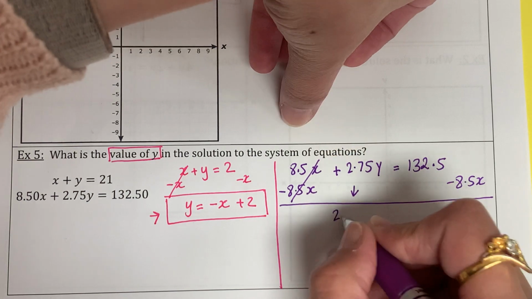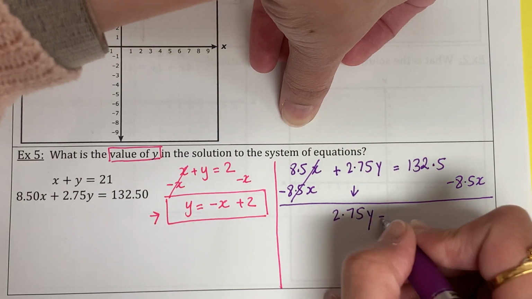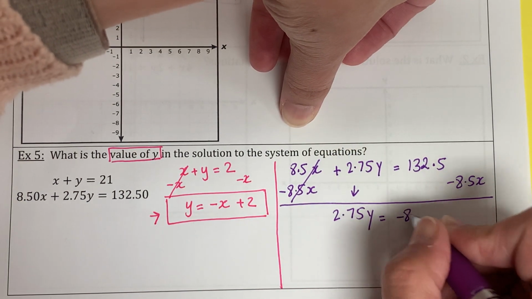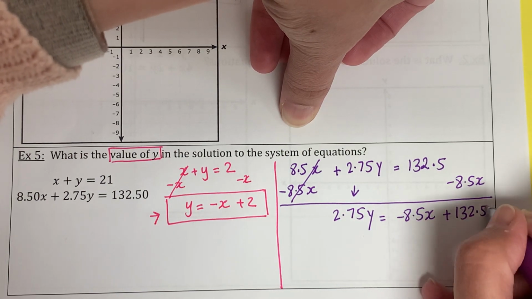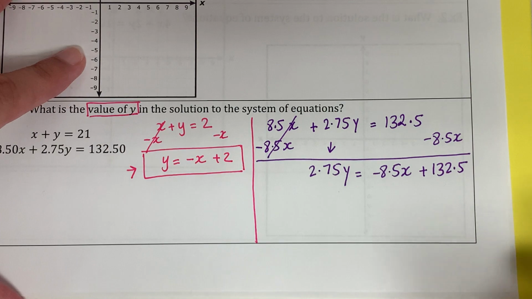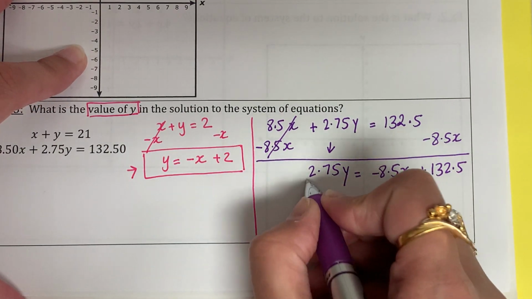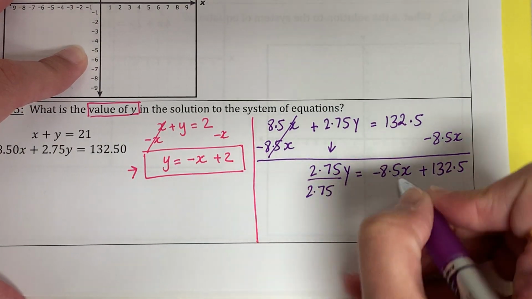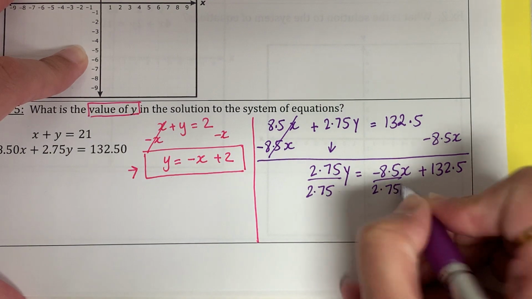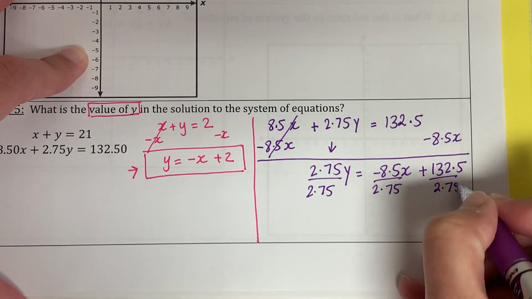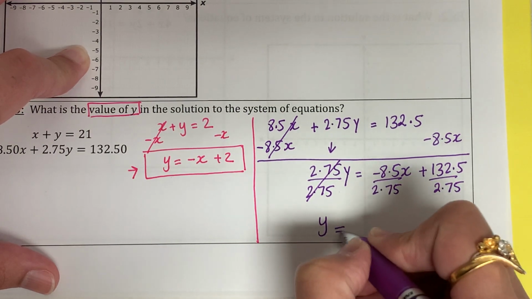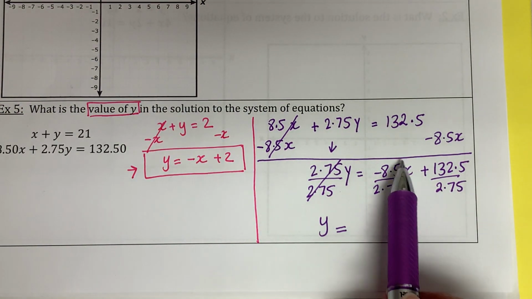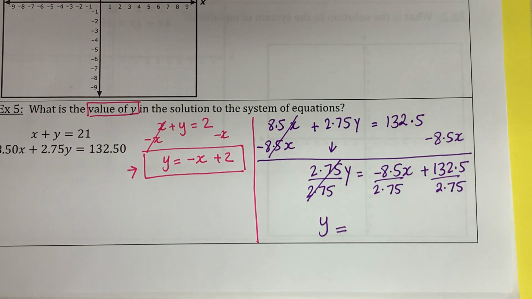This is a positive, so make sure you copy correctly. Negative 8.5x plus 132.5. I need y by itself, so divide by 2.75 on all of it. This cancels out. Y is equal to, you're going to use your calculator over here in order to simplify.